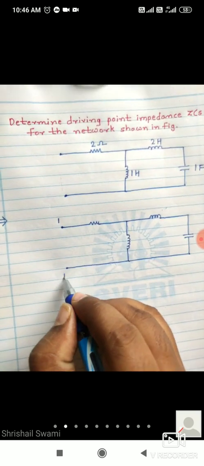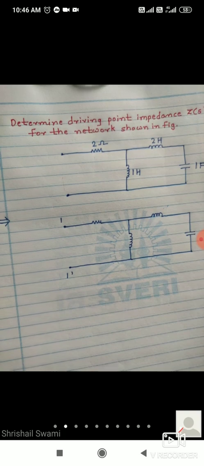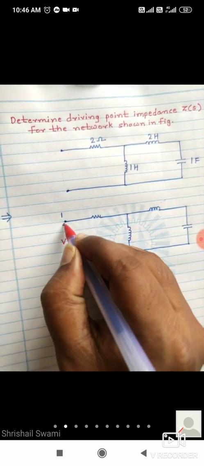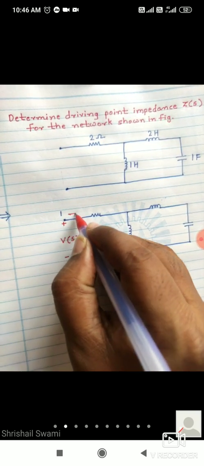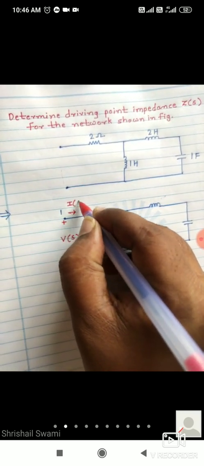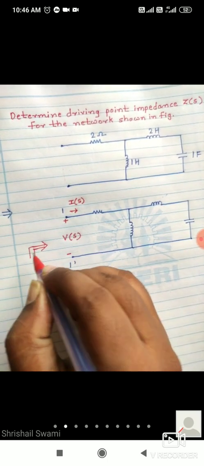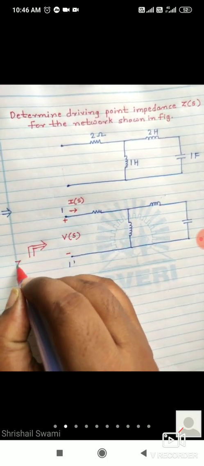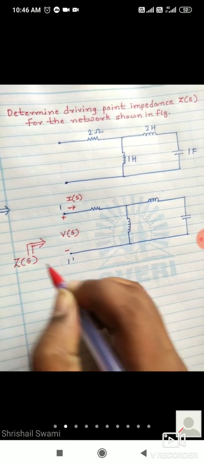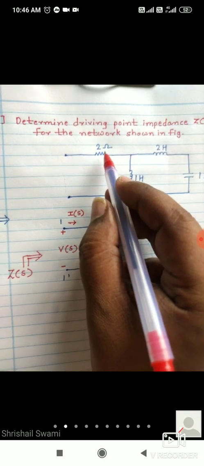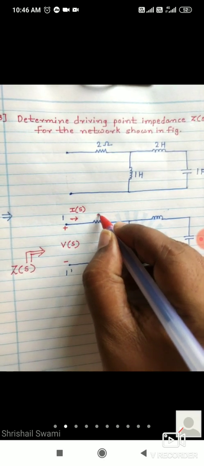Give the name 1 dash. This is V of S with plus and minus, and this current is I of S. You are calculating the driving point impedance Z of S by observing from this side. As the resistor value is given as 2 ohm, keep it as it is.